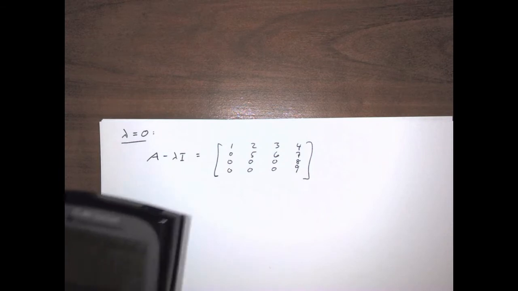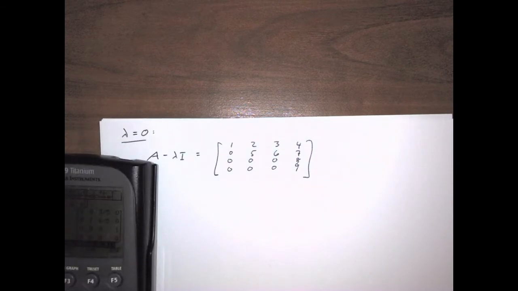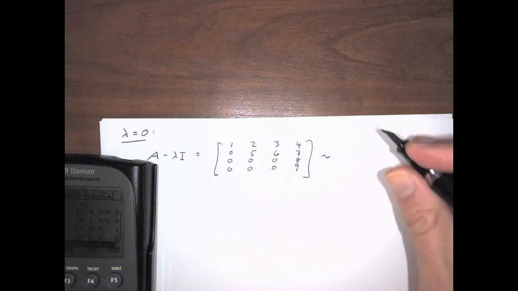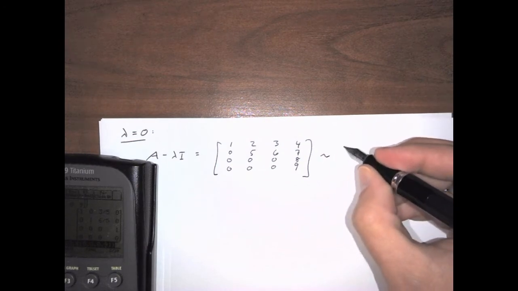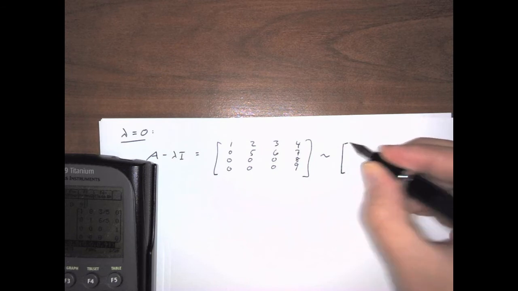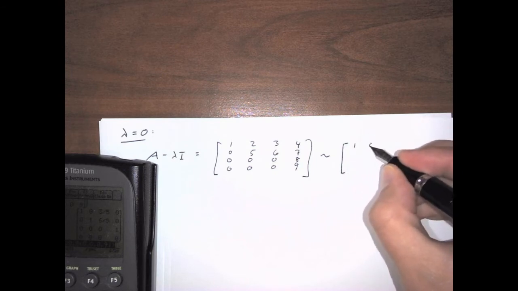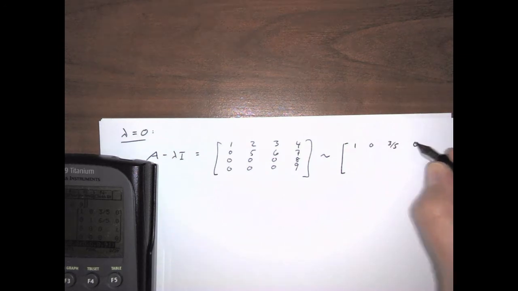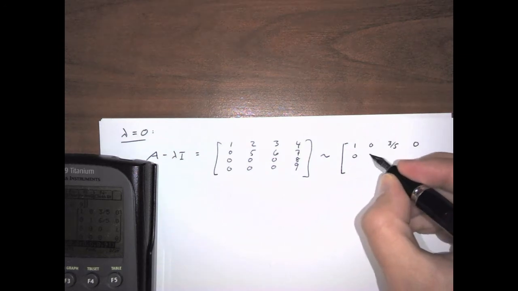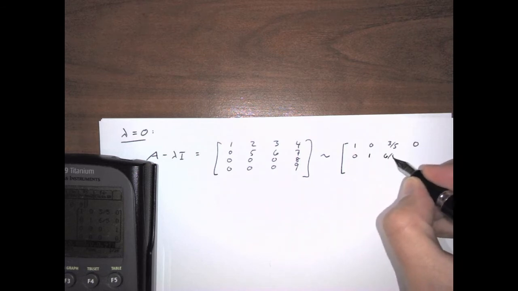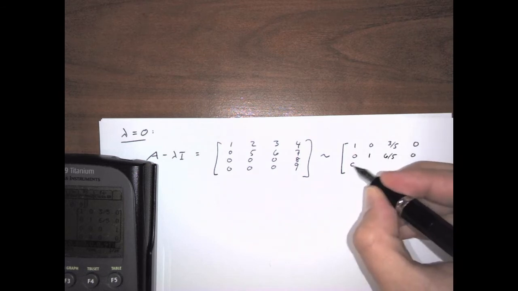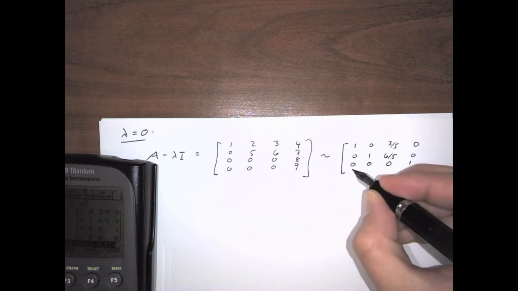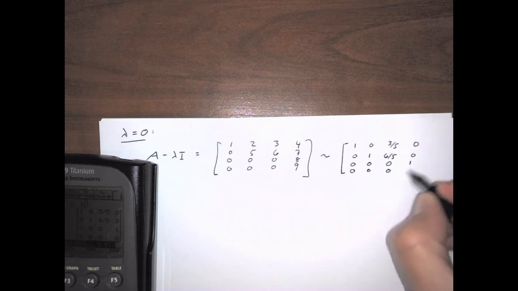And again, appealing to technology, if I wanted to row reduce this, I would get, so as predicted, the free variable is in the third column. The rest are all pivotal, or basic. 1, 0, 3/5, 0, 0, 1, 6/5, 0, 0, 0, 0, 1, and then we've got our obligatory row of zeros.